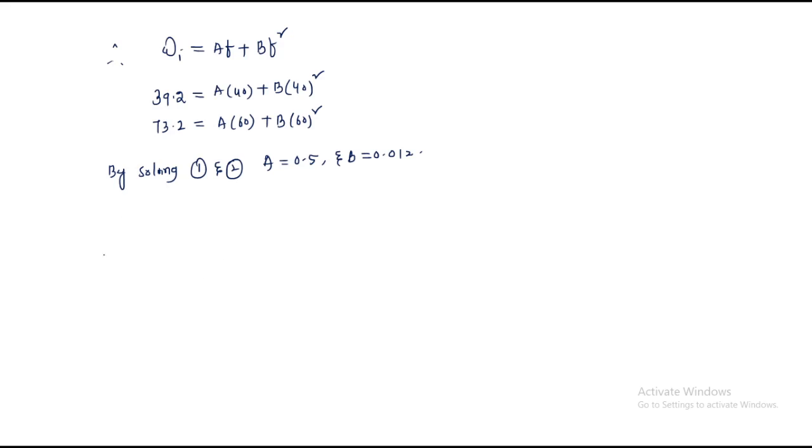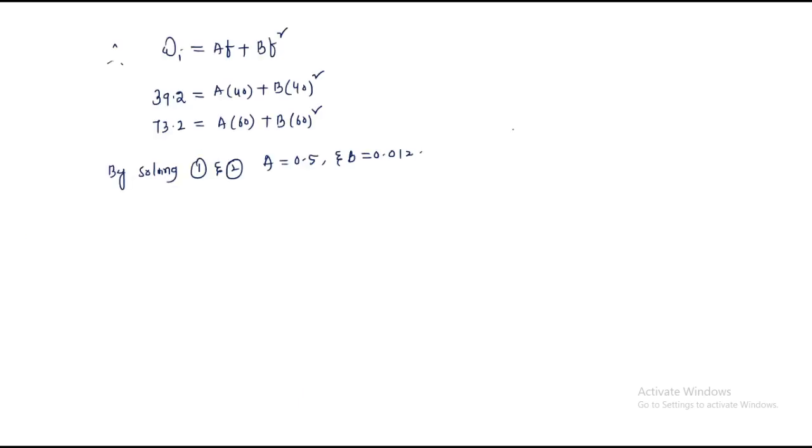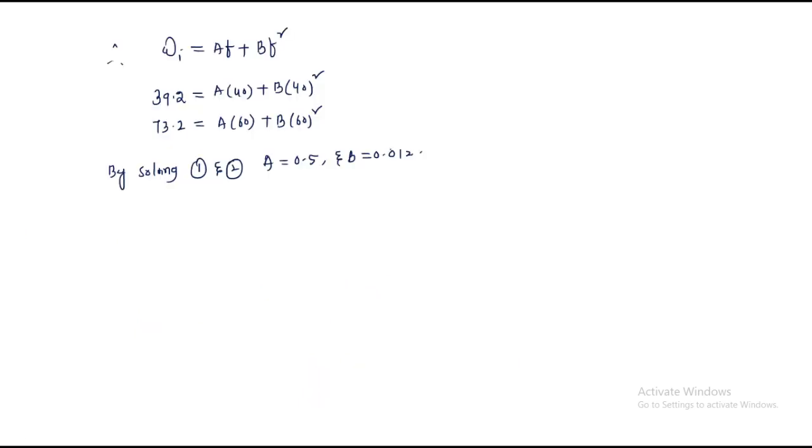But this is the total component of iron loss at 40 and 60 hertz, and he needs hysteresis and eddy current loss separately. Therefore with the 40 hertz frequency, what are WH and WE? With the 60 hertz frequency, what are WH and WE? We have to calculate.